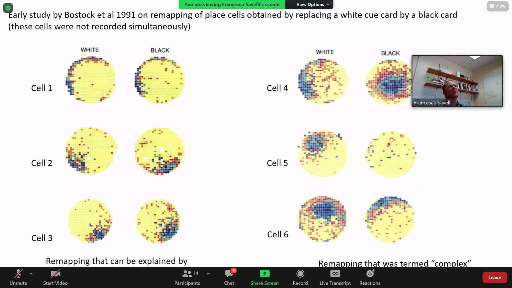But in the black card condition, it just fired a bunch of spikes here and there, but it really didn't produce a place field. It's a cell that we would say is mostly silent in that environment. It became inactive or just got very little sparse firing. This other cell again has a nice place field here, and then it becomes a little more peripheral here. And it even seems to have rotated.